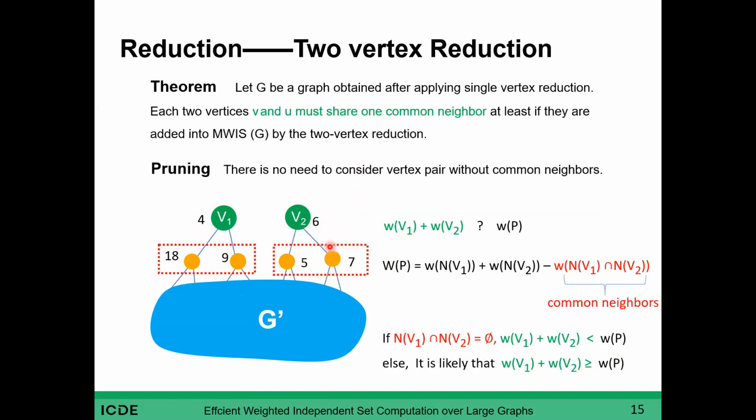And they also don't share any common neighbors at all, which results in a smaller weight compared with their neighborhood as a whole. Thus, by no means can two vertices as a whole have a greater weight if they don't share neighbors. And this is a powerful pruning strategy used in our experiments.